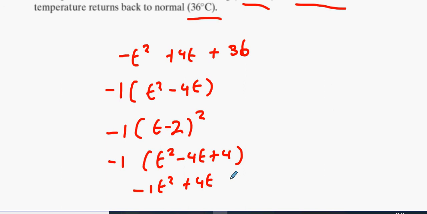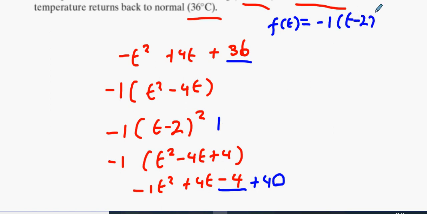Take away 4. I'm short how much? 40. Now, what does my equation become then? What does my equation become? Yeah, f(t) equals minus 1 times (t minus 2) squared plus 40.